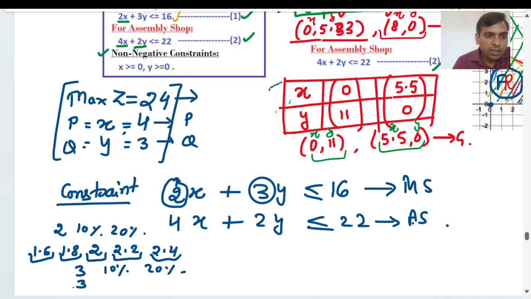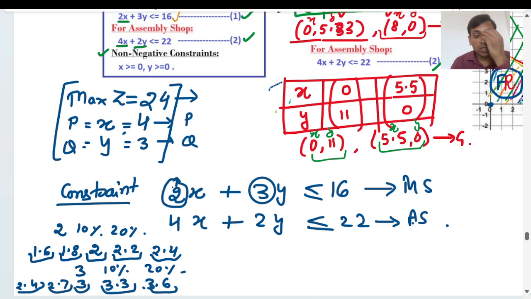So this is 3. If 10% reduces, this is 2.7. If 20% reduces the time, then this is 2.4. If 10% increases, then this is 3.3. If 20% increases, then this is 3.6. So these are the different changes in machine shop timings.